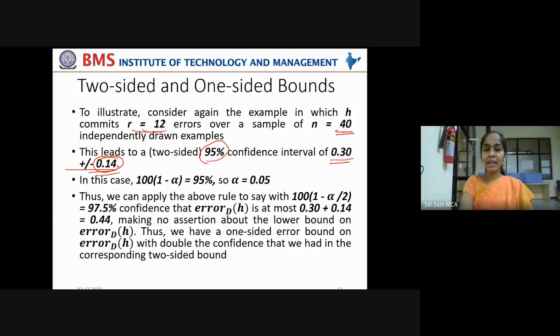Now in this case, how is your confidence interval represented? 100 into 1 minus alpha. And what is your alpha here? It is 1 minus 0.95, and that gives you 0.05. That is nothing but 5%, right? So when your confidence interval is 95%, alpha will be 5%, but represented in the form of probability, it is 0.05.